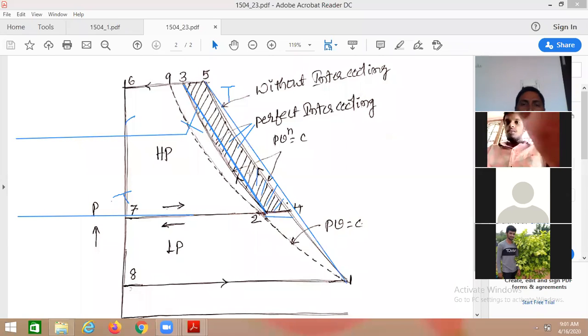What is the area occupied by the cycle in a PV diagram? That is the work. So instead of continuing the compression at a stretch from 1 to 5, if it is continued in 2 stages, that is from 1 to 4 and also from 2 to 3, there is a saving of work by this much value. That is the advantage.